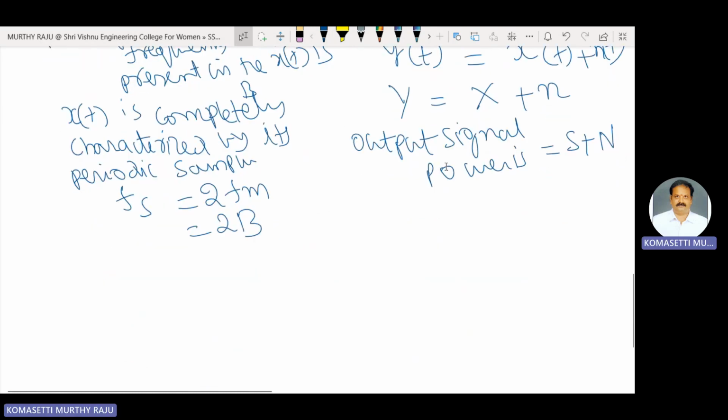Next is capacity. Capacity of the channels is of two types. Symbol capacity.